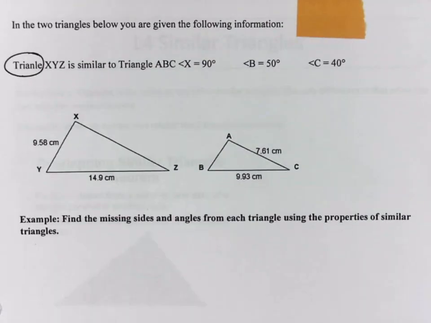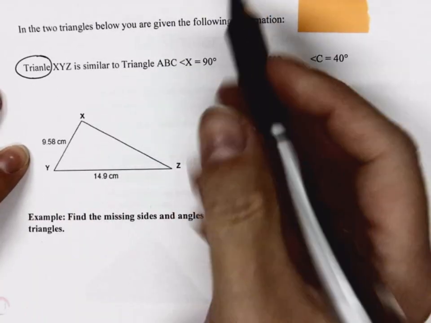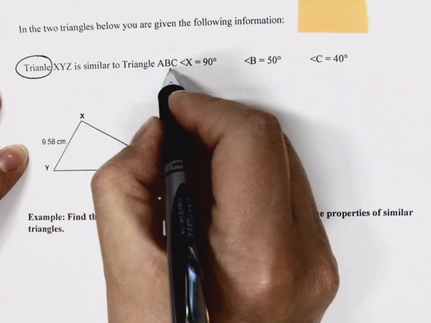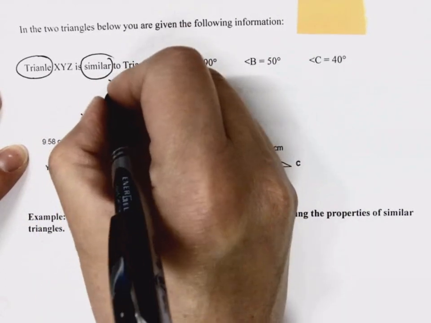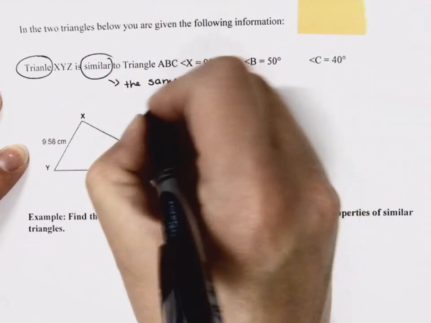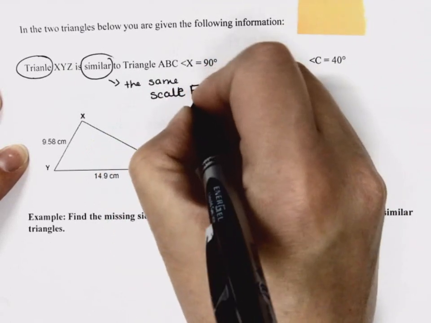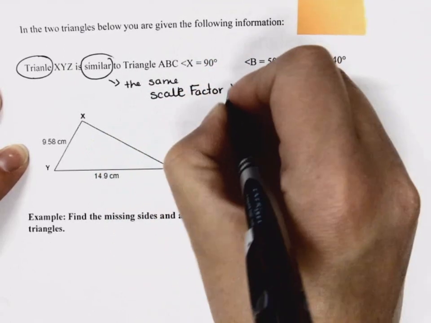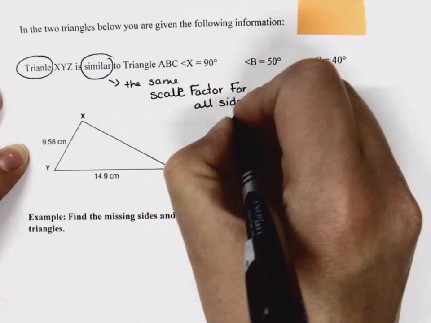Two triangles below are given the following information. It's telling you that triangle XYZ is similar to triangle ABC. So it's telling us they're similar. So right away we know they have the same scale factor for all sides.